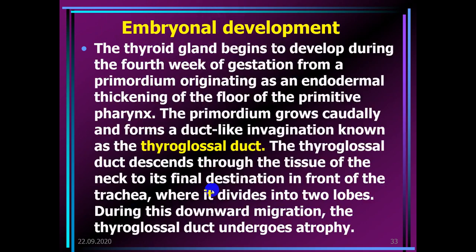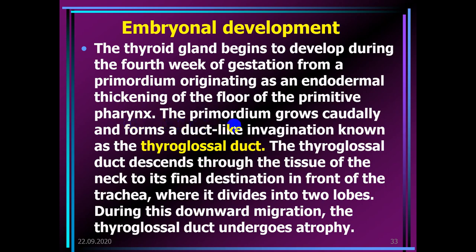Embryonal development of the thyroid gland starts like an exocrine gland. It begins during the 4th week of gestation from a primordium originating as an endodermal thickening of the floor of the primitive pharynx.